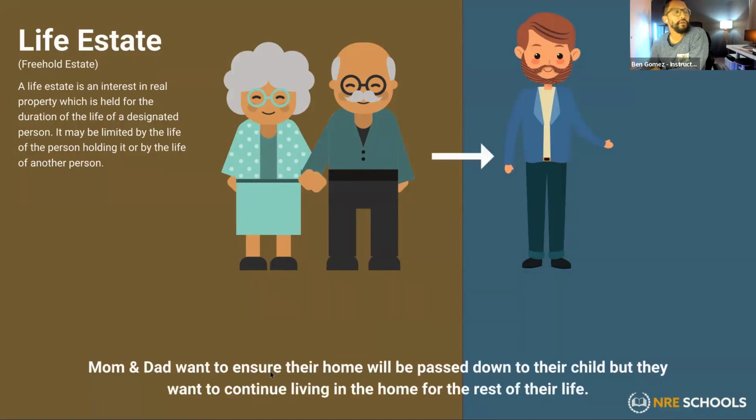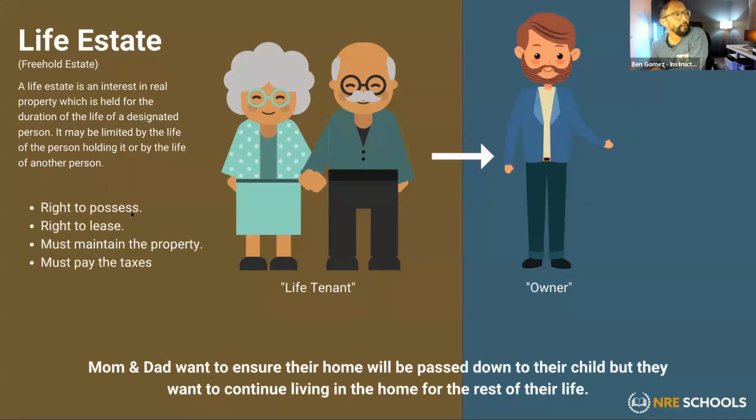Mom and dad want to ensure the home will be passed to their child, but they want to continue living in the home for the rest of their life. They would be known as the life tenant, and the son would be known as the owner. The life tenants have the right to possess it, the right to lease the property. They must maintain the property, and they must pay the taxes.